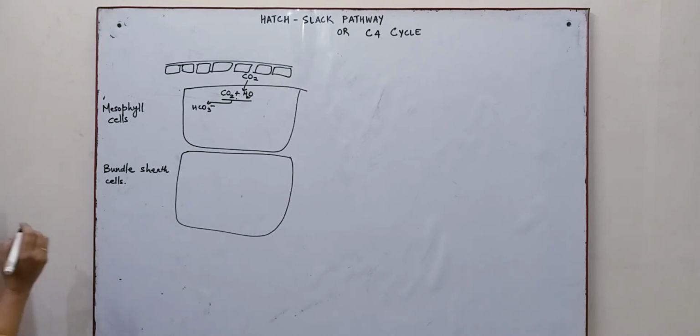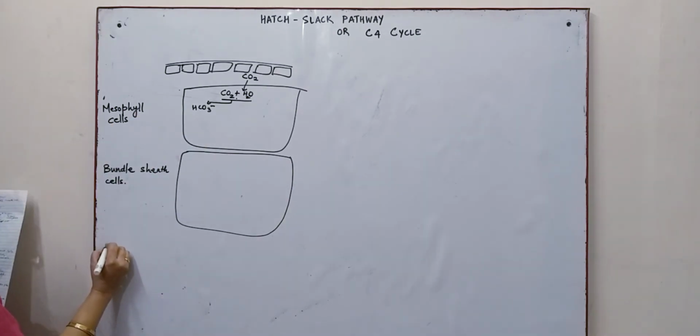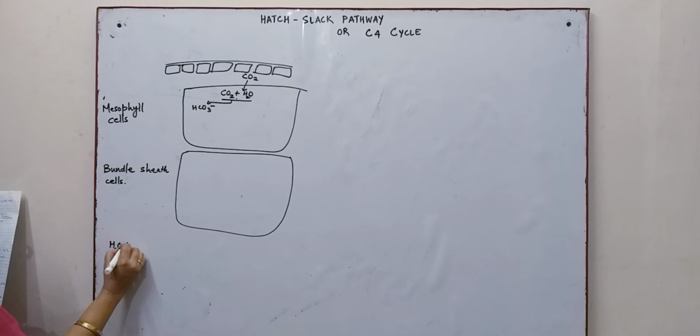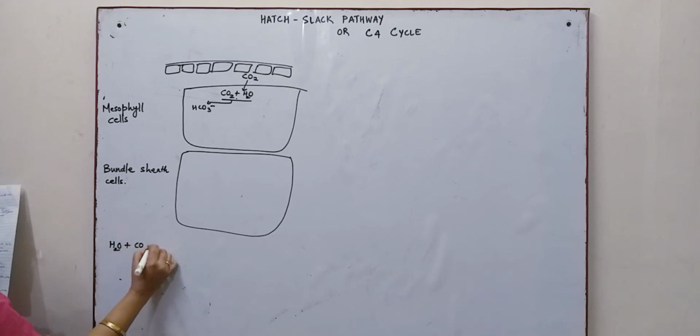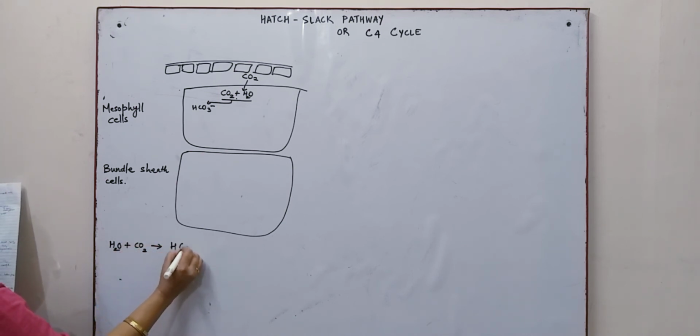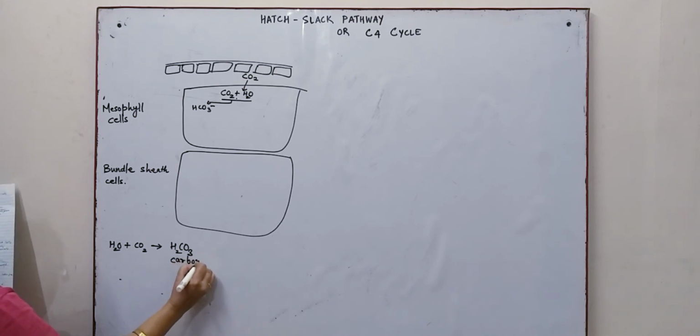Actually, what is happening? If we do it over here for the clarity, water plus carbon dioxide reacts to form H2CO3, that is the carbonic acid.